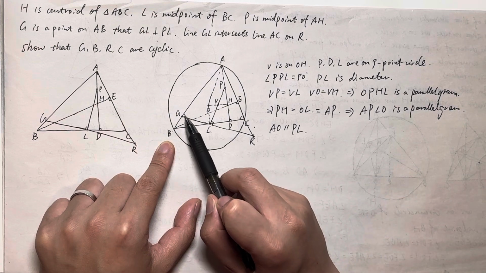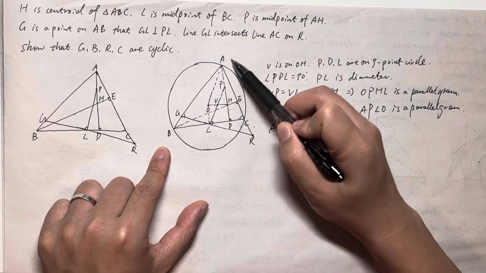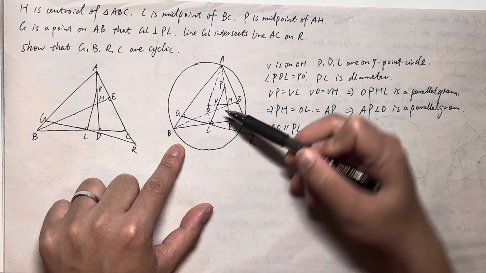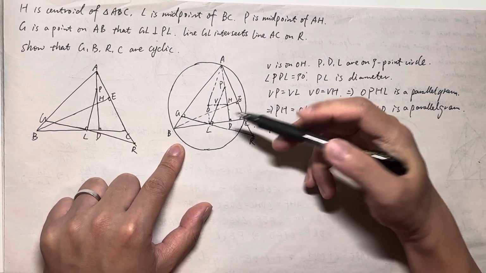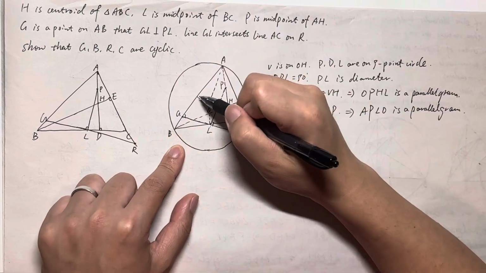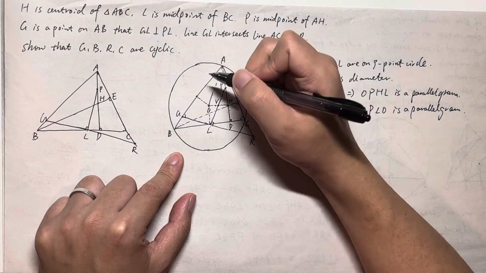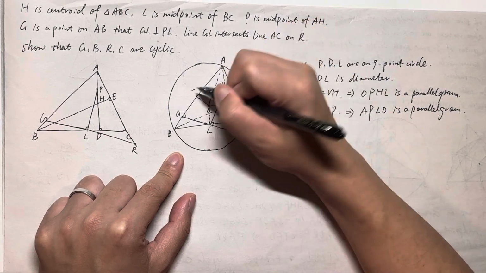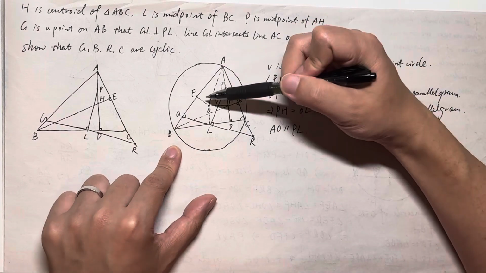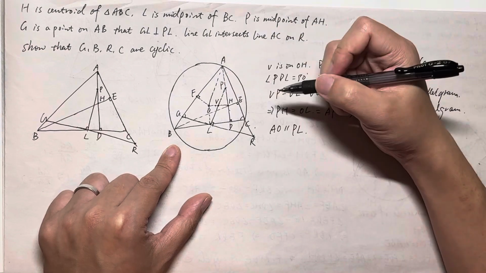So this angle is formed by the line AB and GL, and we already know that GL is perpendicular to PL. So we do this. We find the midpoint of AB first. Let's call it F. So we know this is perpendicular.